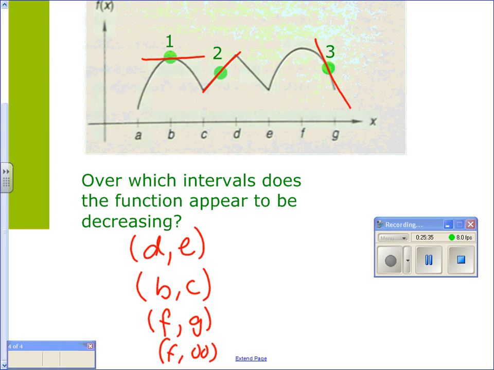I think either of those. Y'all see how that works? We're basically looking for where the slopes are going down. Any questions on this? Interval notation too difficult? The more you practice it, the easier it'll get.